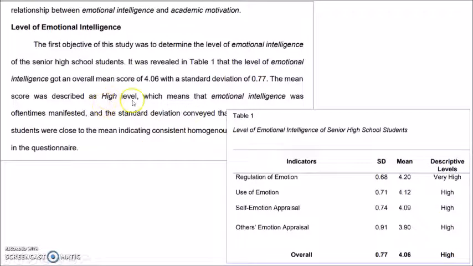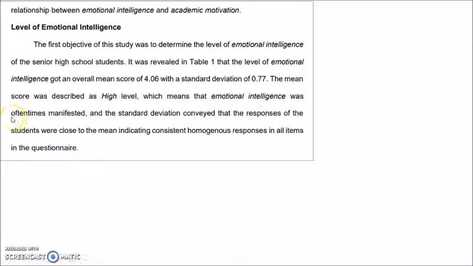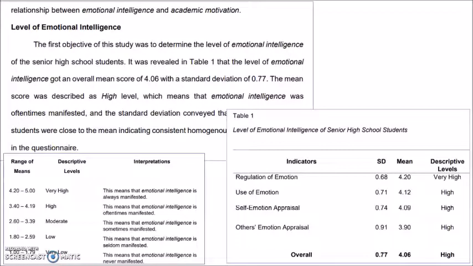So, as high level, which means that, ano ba ibig sabihin ng high level? Which means that emotional intelligence was oftentimes manifested. Saan kinuha ito? You have to base it in your range of means. Saan ba yan? Ito yung range of means. No? Galing dun sa chapter 2, diba? Under research instrument.